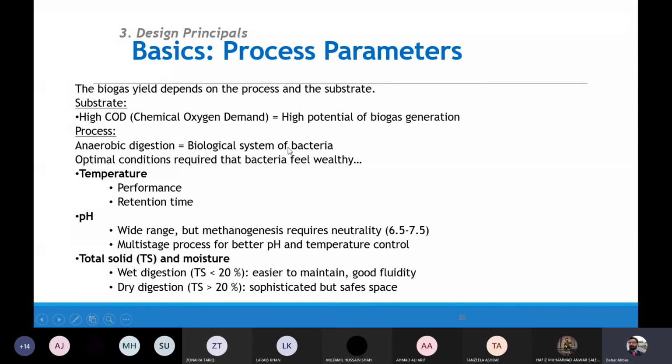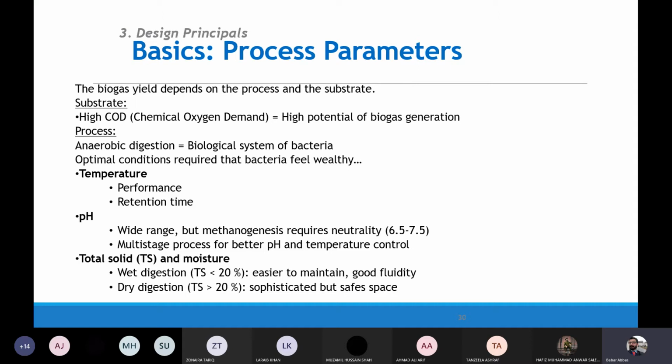Anaerobic digestion is the biological system of bacteria. Optimal conditions are required so that bacteria feel healthy, and temperature can enhance the performance, and retention time can be reduced due to the maintenance of the temperature. Similarly, we can look at the pH levels as well.